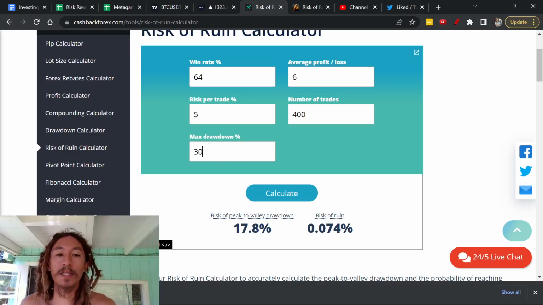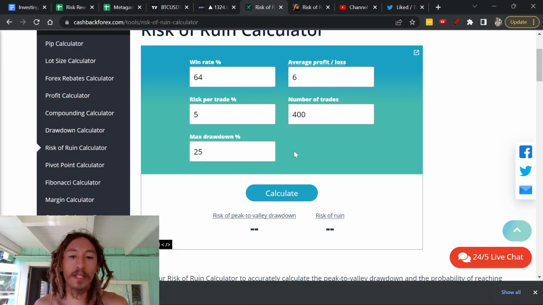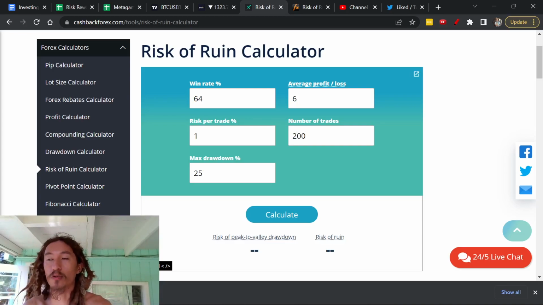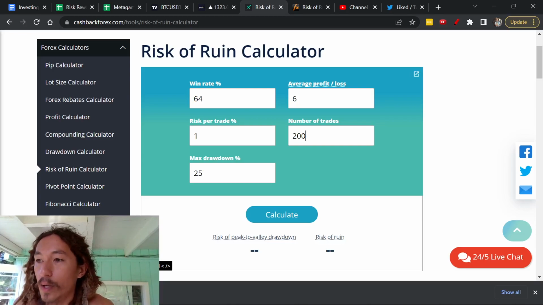Now, this is arbitrary. I'm going to use 25% initially. I don't want to draw down more than 25% from where I'm starting, and I don't really want to draw down 25% ever. Like, I can draw down 10% psychologically. I could draw down 20% psychologically.